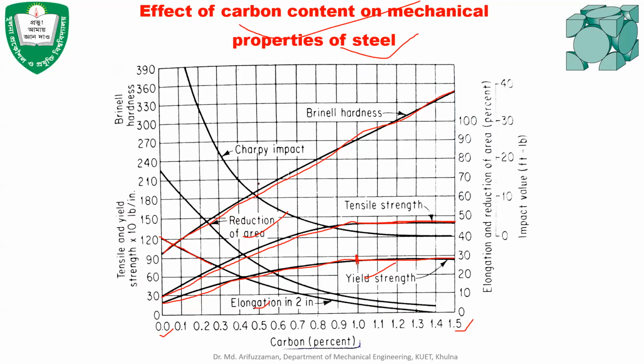In terms of impact energy, that means Charpy impact, as you increase the carbon content, the Charpy impact decreases sharply. Since the structure has become brittle, the Charpy impact shows less energy absorption with the increase of carbon. So these are the effects of carbon content on the mechanical properties of steel, how the mechanical property changes with the increase of carbon content in the iron.